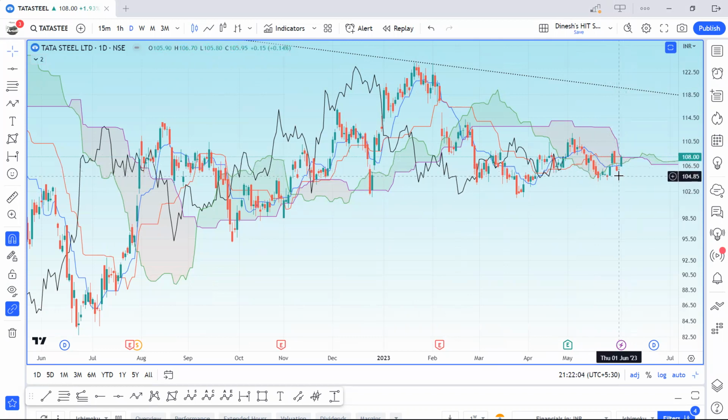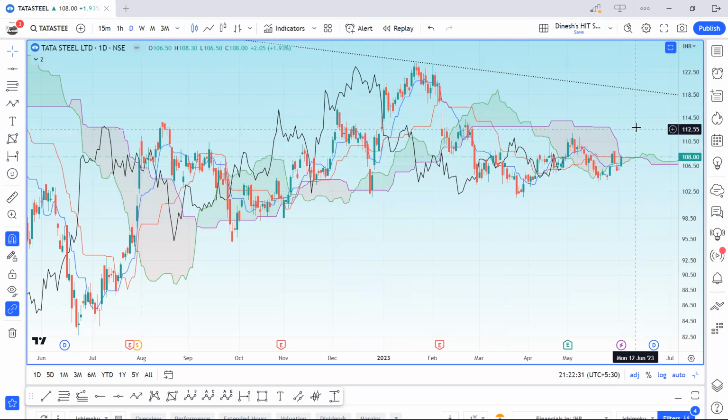As long as the stock takes a support of 104, worst case, due to some global cue or some pick comes down to 102, and I'm speaking strictly from a medium-term perspective, not from a derivative or short-term perspective, then again we could see it pushing its way back. So logically, as long as the 101 to 104 base is there, the stock has potential for going further up.